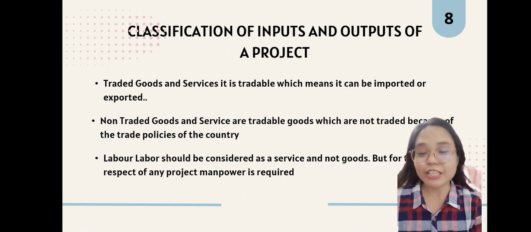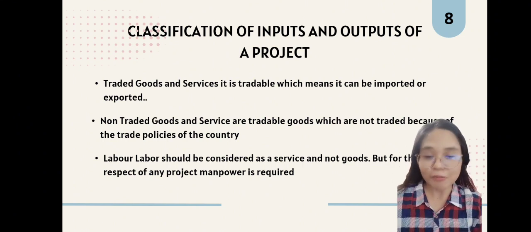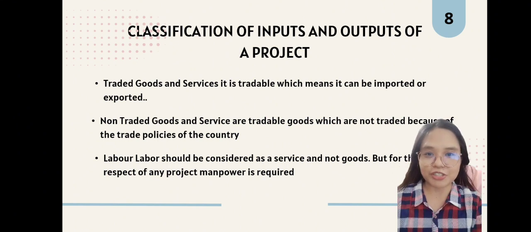When we say traded goods and services, it means it is tradable, which means it can be imported or exported. Imported means it comes from outside the country, and exported means it goes from our country to be sold outside.